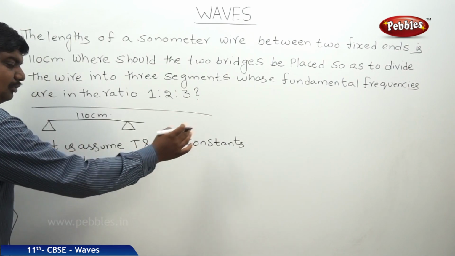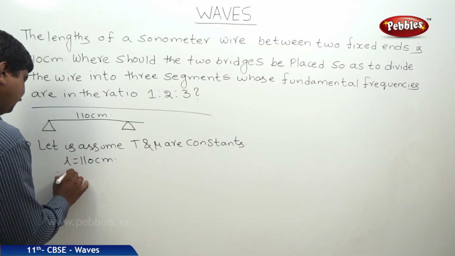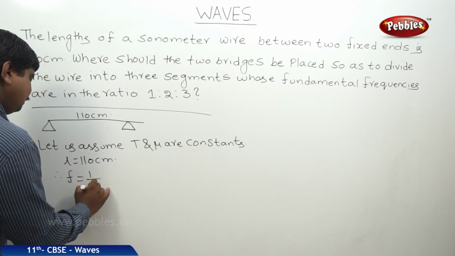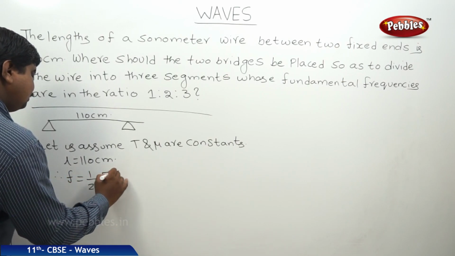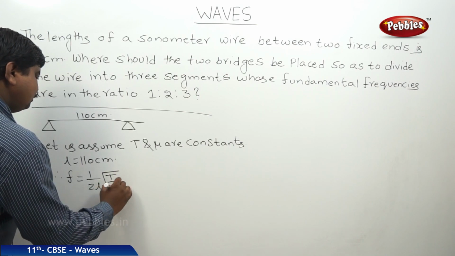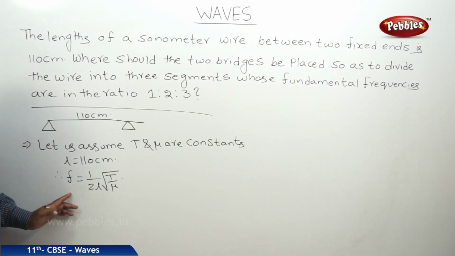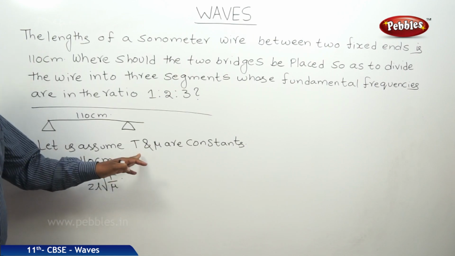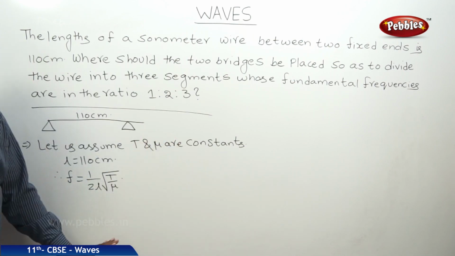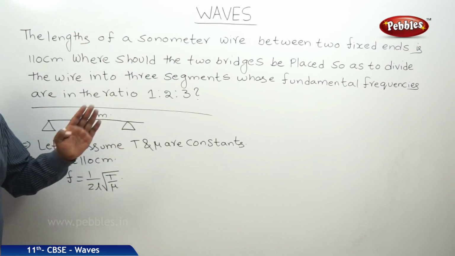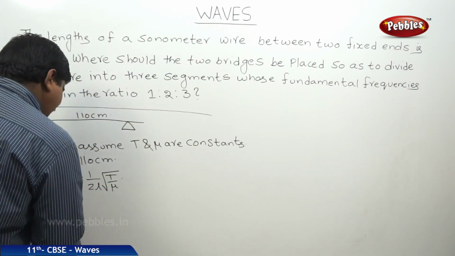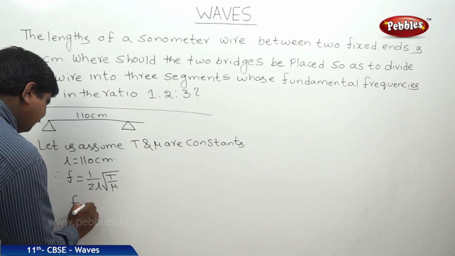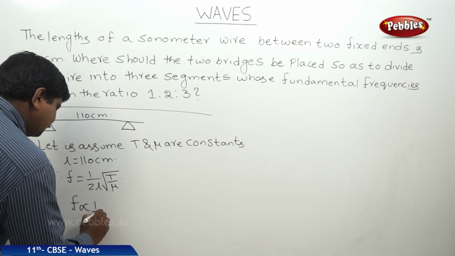If T and mu are constants, according to the formula, F is equal to 1/2L into square root of T by mu. We are assuming that T and mu are constants because the same wire is given and the same force is applied. Therefore, in this case, frequency is inversely proportional to length.